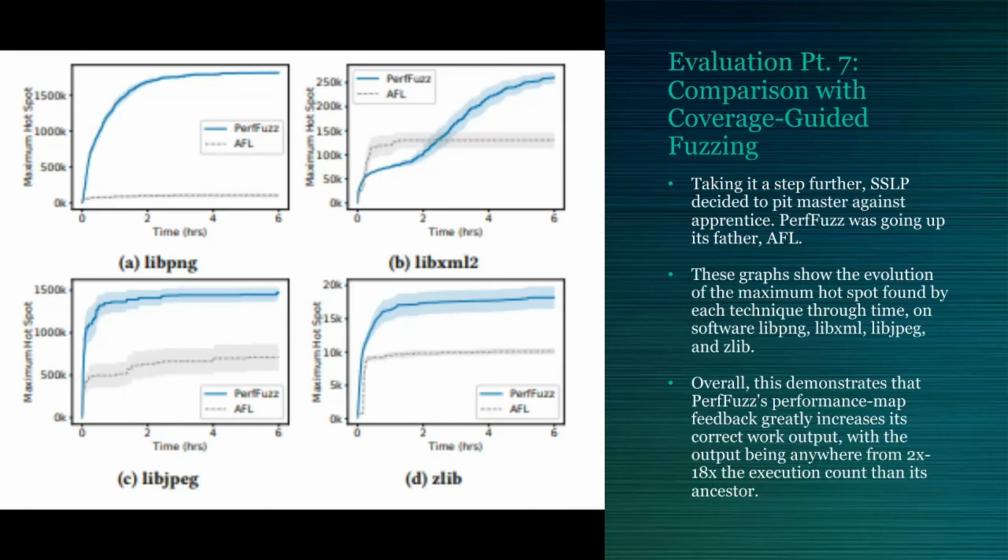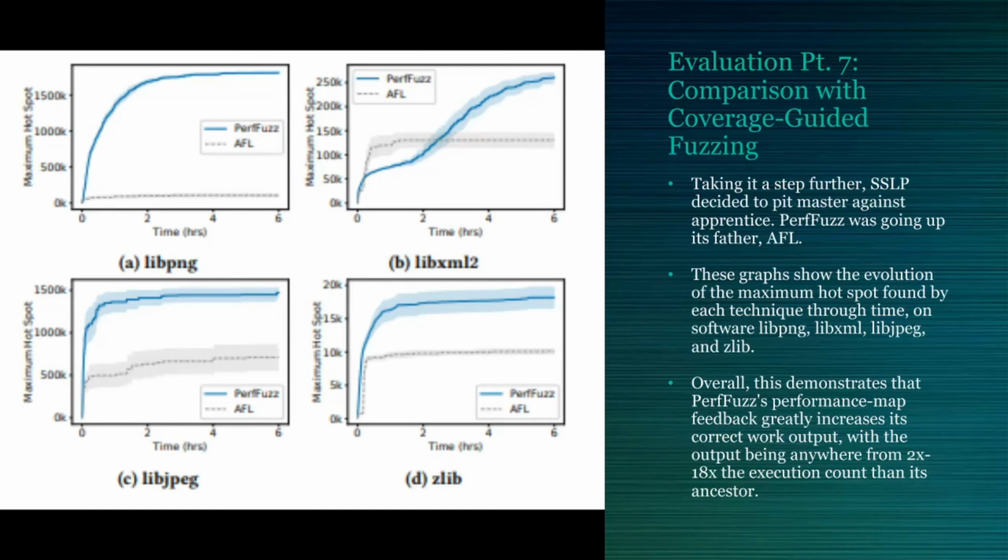The experiment tests the value add of PerfFuzz's performance maps and maximizing input favoring heuristics. These graphs show the evolution of the maximum hotspot found by each tool through time on libPNG, libXML, libJPEG, and zlib.